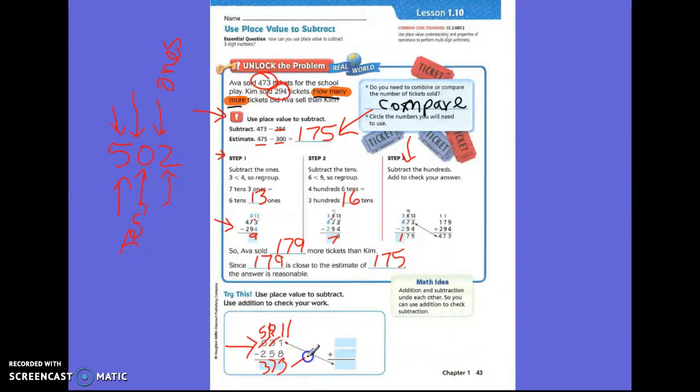If we use our answer, 373, write that in the top blue box. And then write 258 in the second box. And then add those, and see if you get the answer.